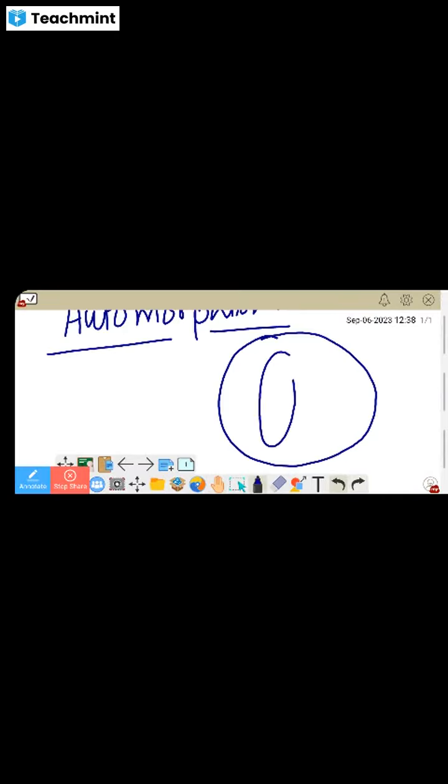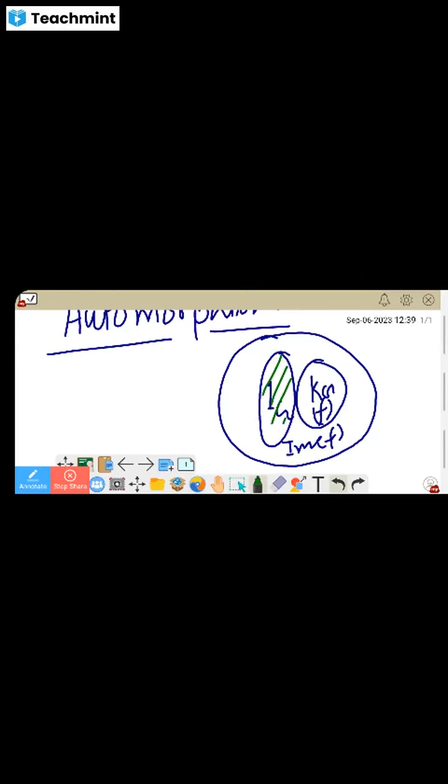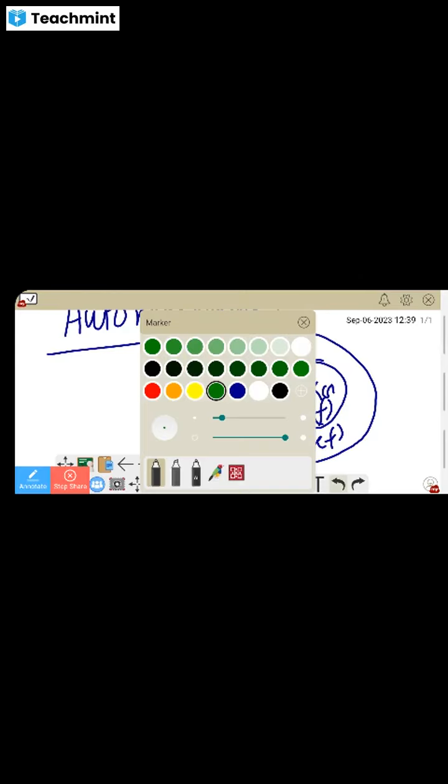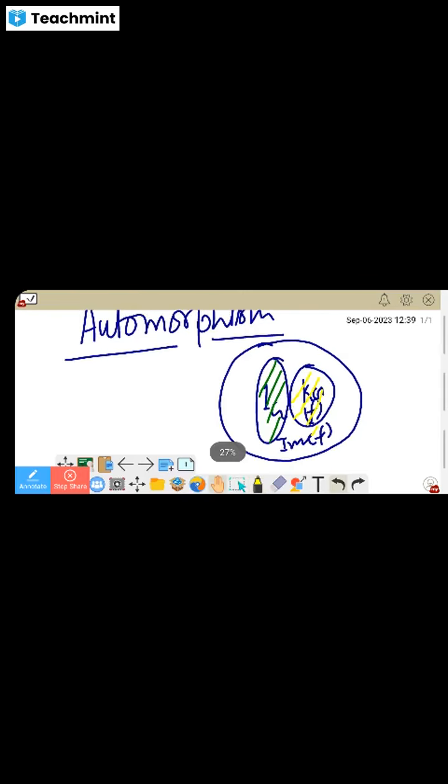So this is the identity element, and we are taking kernel, identity of G, kernel of F, and this is image of F. This is automorphism.